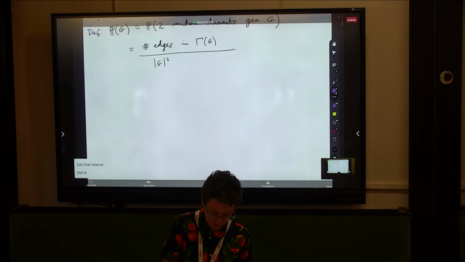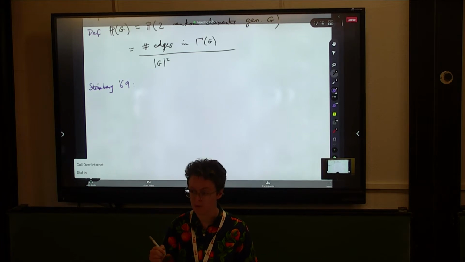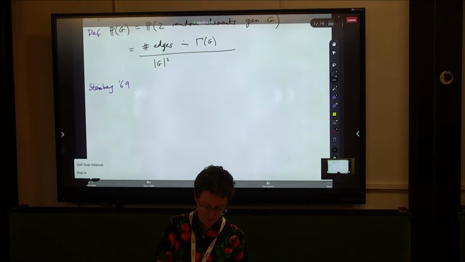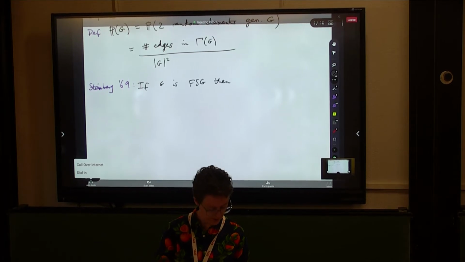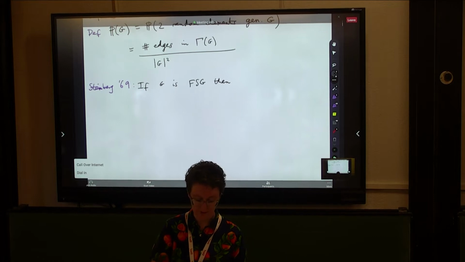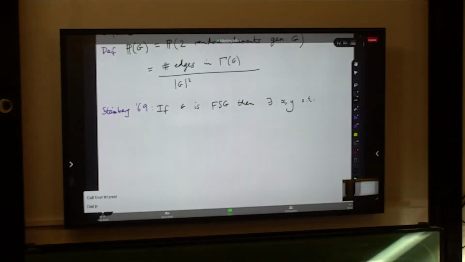Okay, so first I want to mention this famous result of Steinberg. So probably you already know this. If G is a finite simple group, then there are two generators. So there exist x and y such that x and y generate the group.